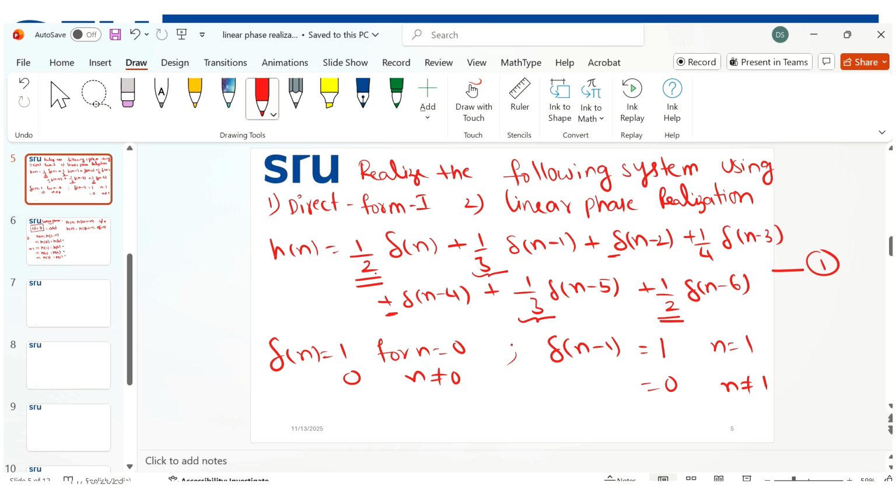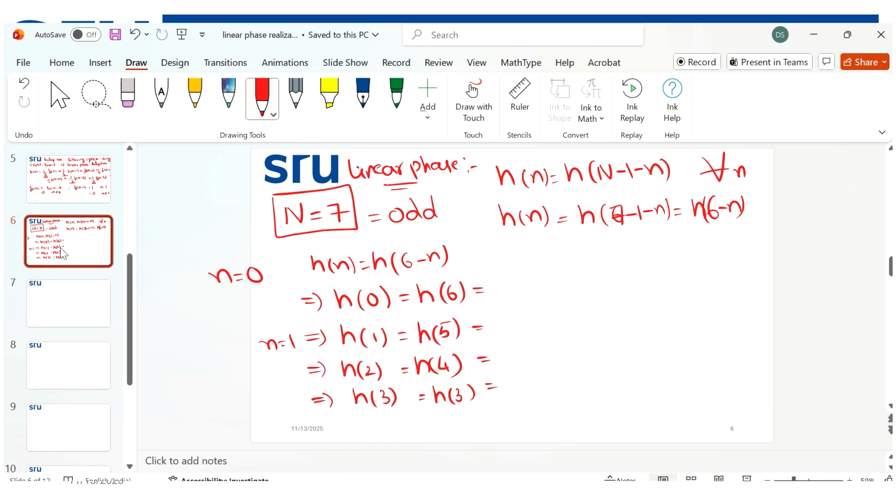Now it is one common factor. Now, if I substitute, h of 0 is equal to h of 6. What is the coefficient given? 1 by 2. Next coefficient 1 by 3. Next coefficient which is 1 and h of 3 coefficient which is 1 by 4. So these are all our linear phase relationships.